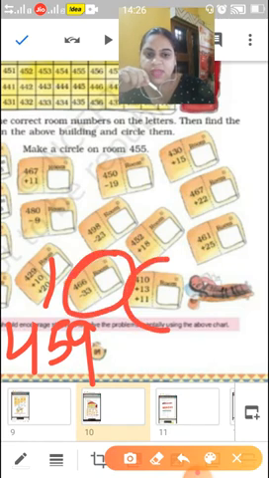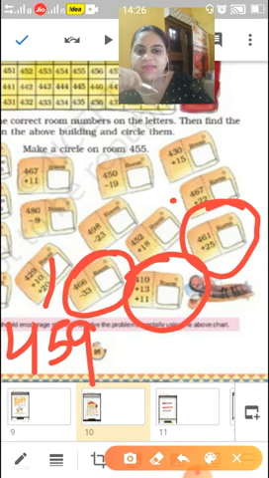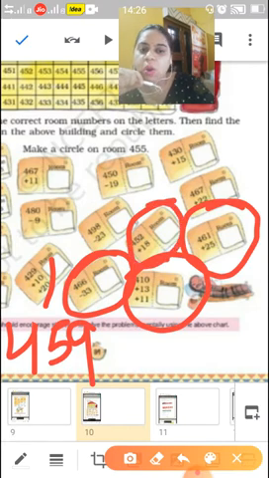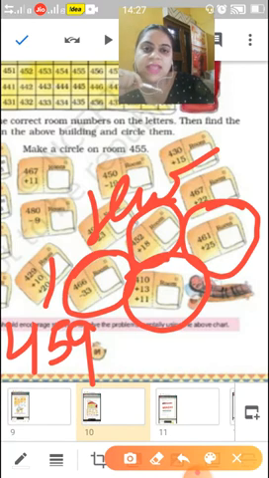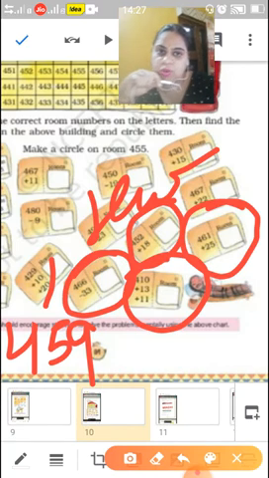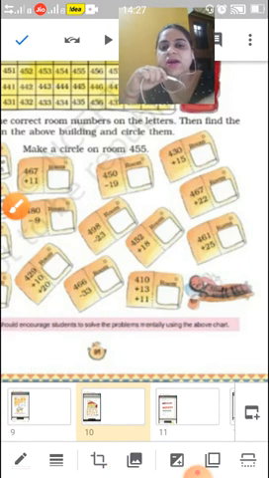Now children, this and this, rest we have done. So these four are your homework. What I have circled, what will come, you will circle in that post box. Okay. Now 459 we will circle.